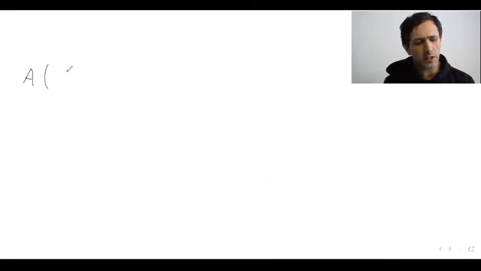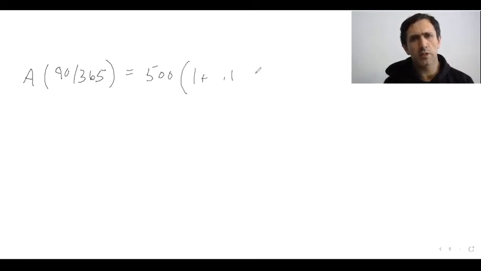So using the convention that there are 365 days in the year, after 90 days, how much does 500 accrue to? Well, it's just 500 times 1 plus, it's 15% simple interest, so 0.15 times t, where t here is 90 over 365.